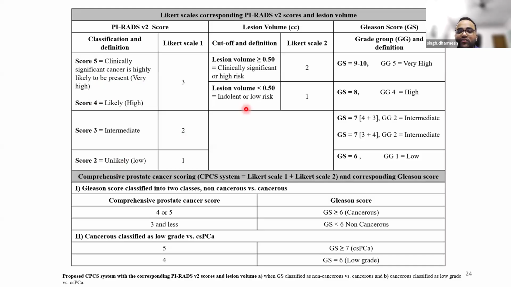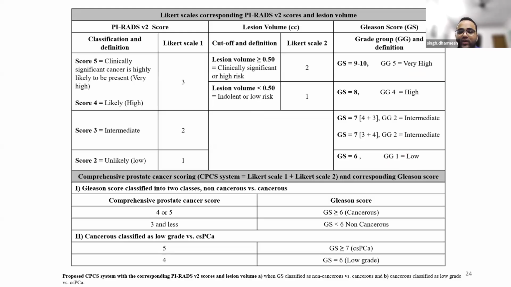Based on the literature, we found that the lesion volume cutoff is 0.5 cubic centimeters. If the lesion is greater than 0.5, it means clinically significant tumor, so we assign 2, and less than 0.5, we assign 1. For the lesion grade, 1 and 2 mean intermediate, 4 means high grade, and 5 means very high.